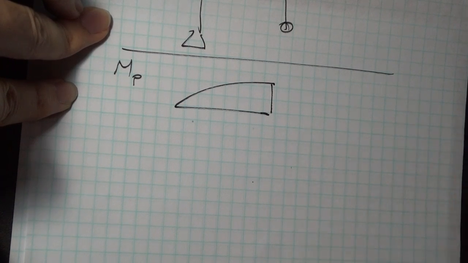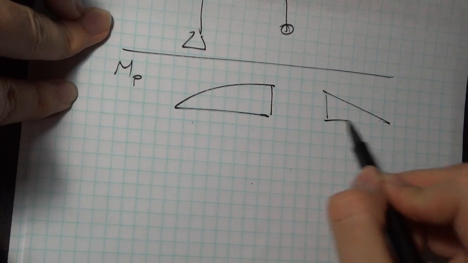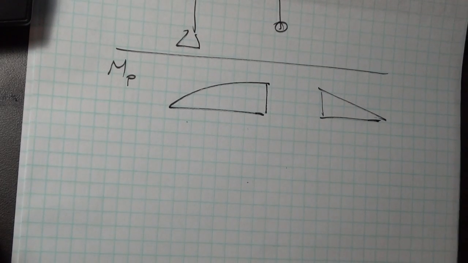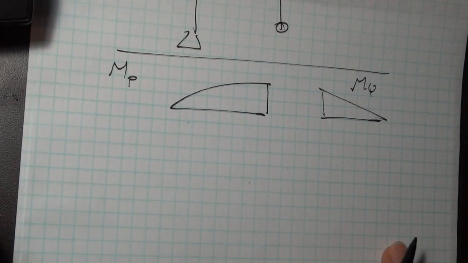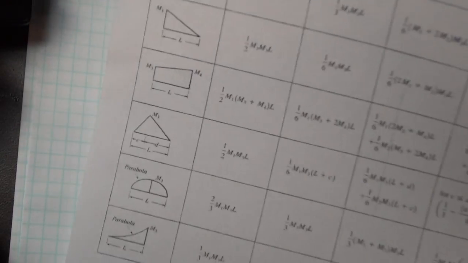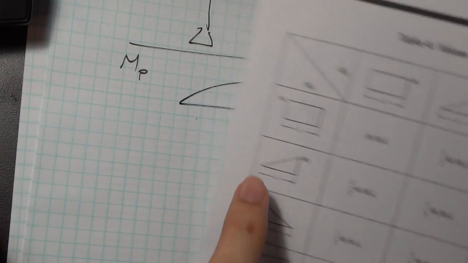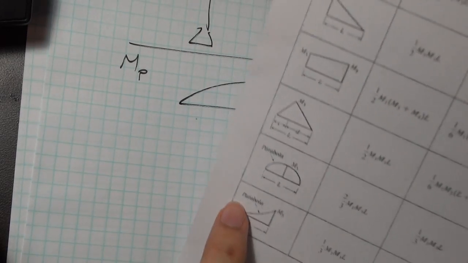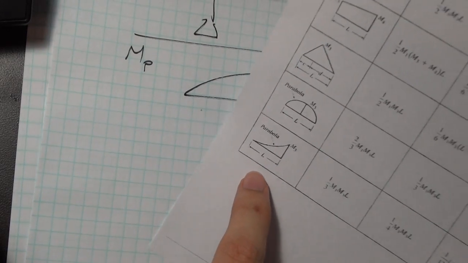I think it's a triangle. Yeah, I think it's a triangle like this. And let's say that this is our MQ system. I don't have an entry in my P system for this kind of shape, right? There's nothing in here about that. The only thing I have is this parabola.